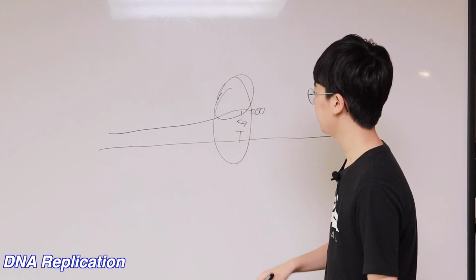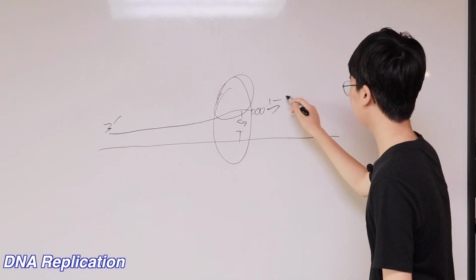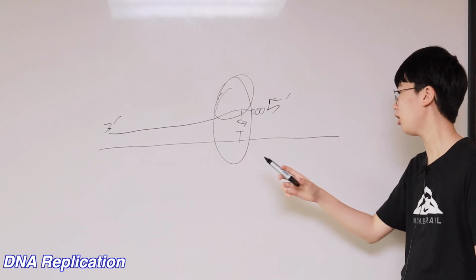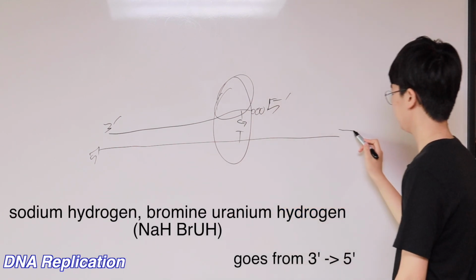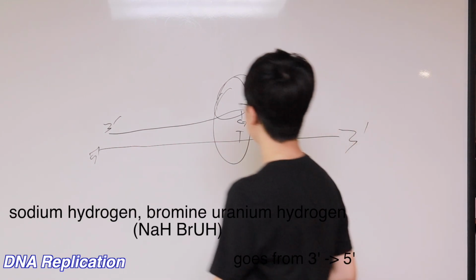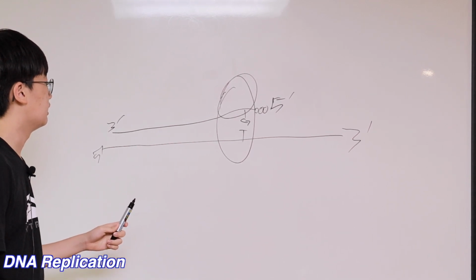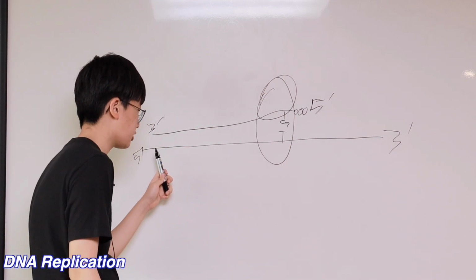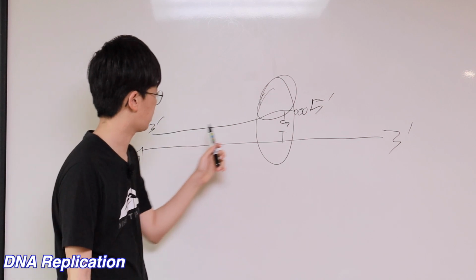So about here, the exonuclease goes from 3' to 5', opposite to the DNA polymerase, which goes from 5' to 3'. So the polymerase checks the bottom ones, while the exonuclease checks the top ones.